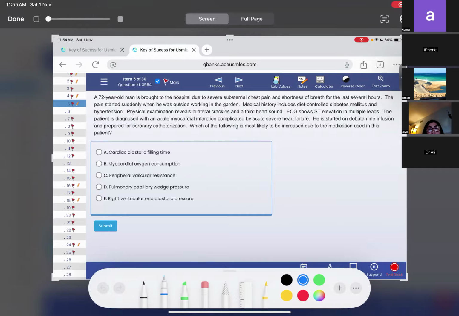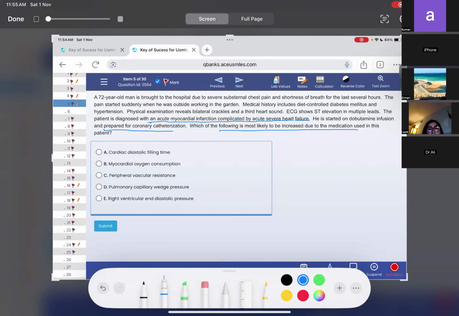Physical examination reveals bilateral crackles and a third heart sound. ECG shows ST elevation in multiple leads. The patient is diagnosed with an acute myocardial infarction complicated by acute severe heart failure. He is started on dobutamine infusion and prepared for coronary catheterization. Which of the following is most likely to be increased due to the medication used in this patient?